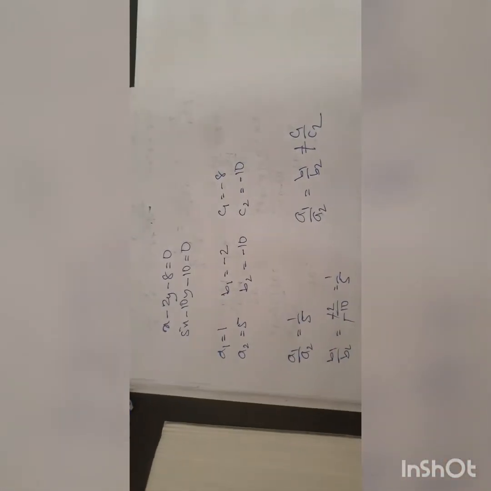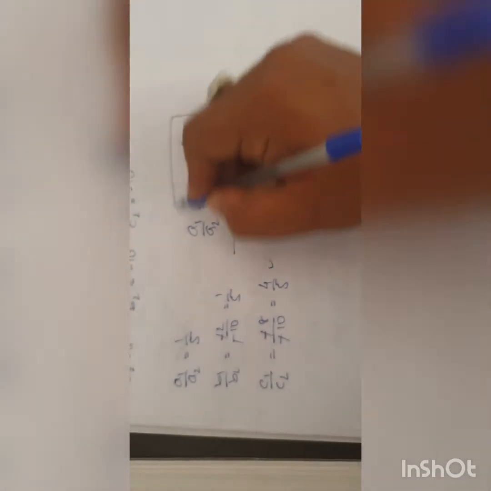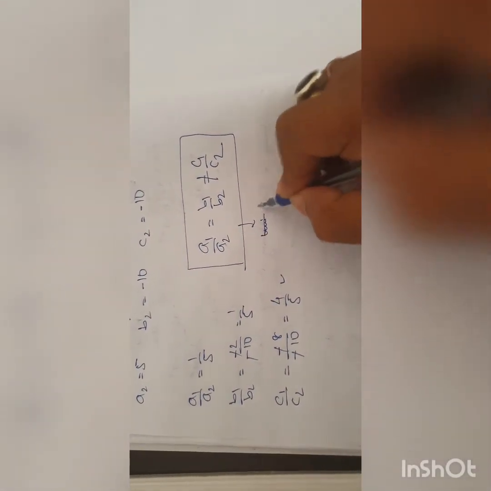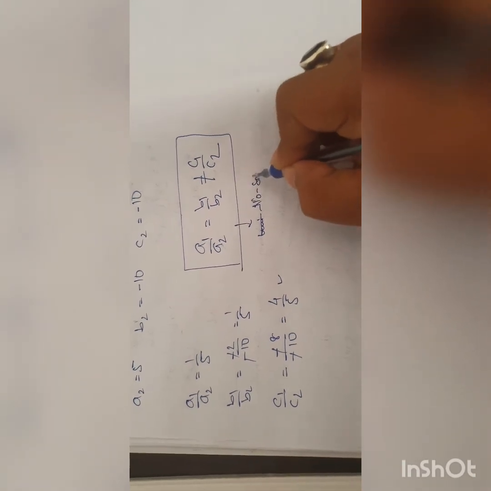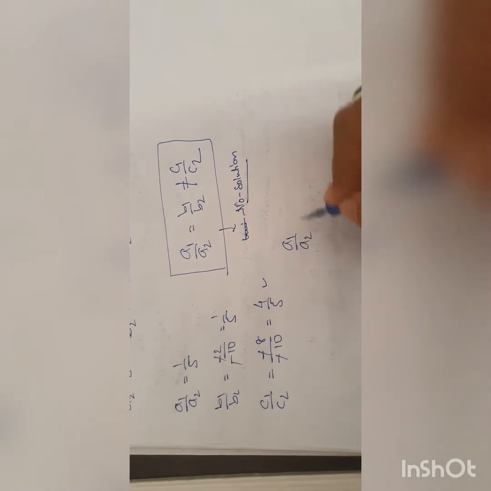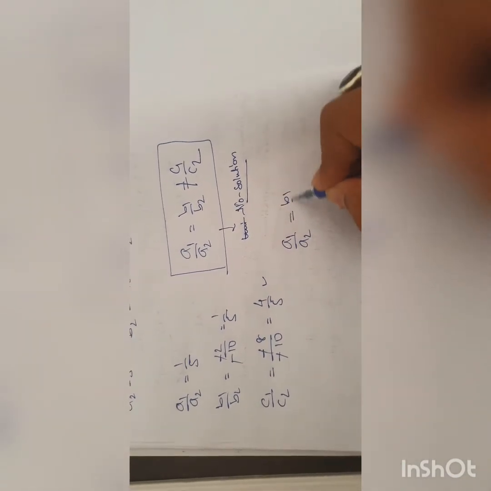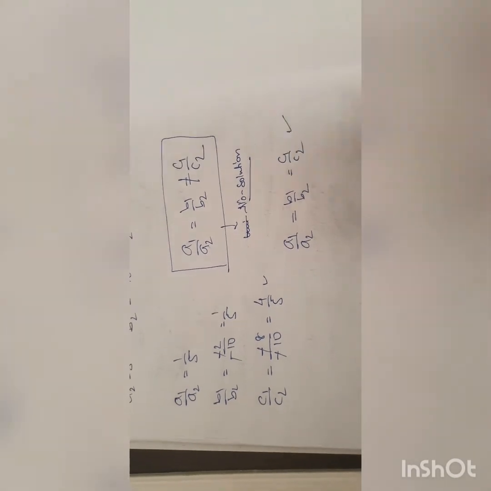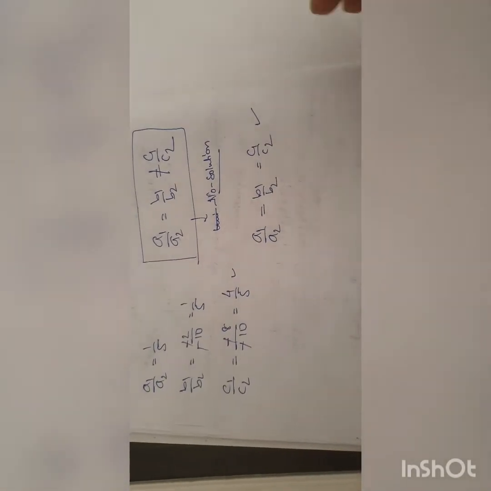In the same way, you can do the other sums and check which condition each one meets. If it meets this condition, like this question, you will say it has no solution. Or if it meets this condition, a1 by a2 is equal to b1 by b2 is equal to c1 by c2, you will say it has infinitely many solutions and the lines are coinciding.